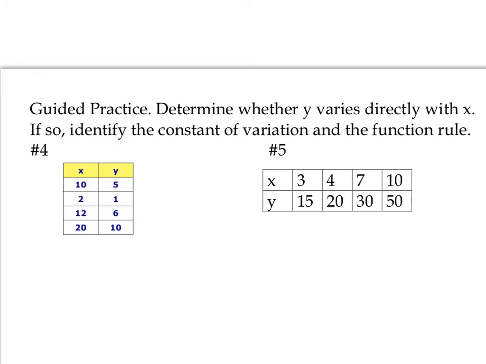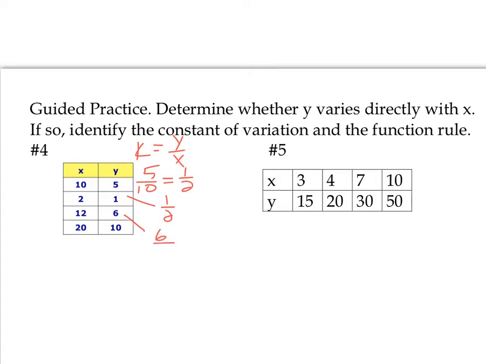In numbers 4 and 5, we want to figure out if y varies directly with x. We don't have an equation to say y equals kx, but we can see if there is a constant of variation. If you recall, the constant of variation is y over x. So in the first ordered pair, 10 and 5, we'd have 5 over 10, which is 1/2. Here we'd have 1 over 2, which is 1/2.